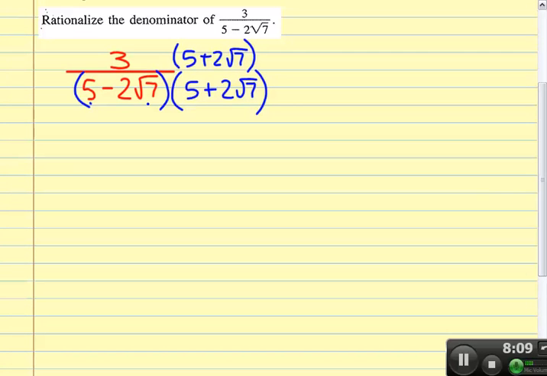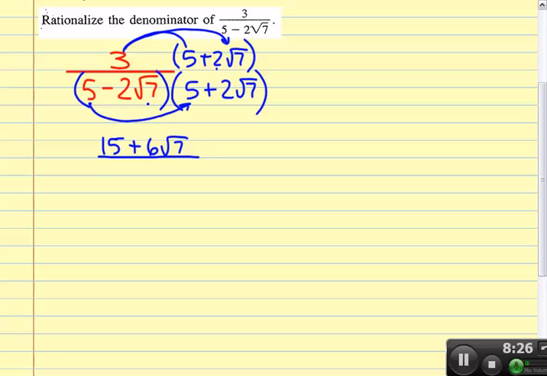Let's distribute. 3 times 5 on top gives me 15, and 3 times 2 root 7 gives me plus 6 root 7, because I multiply the 3 by the 2. Now on the bottom, I get 5 times 5 is 25. 5 times 2 root 7 is 10 root 7.